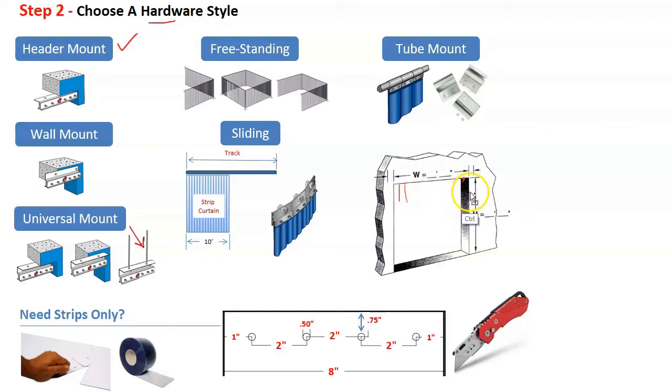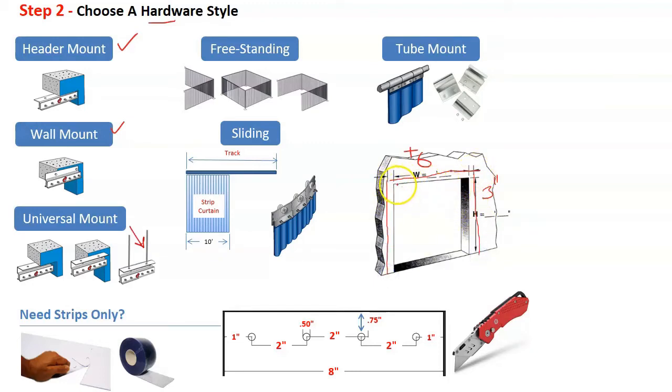The next style is wall mount. With a wall mount strip curtain, you are going to be attaching to the face of the structure. So right above the opening is where your hardware is going to be mounted. And with this type of hardware, we want to take your opening size and add 6 inches to the width, and we want to add 3 inches to the height, because you actually want this strip curtain to be over the opening.